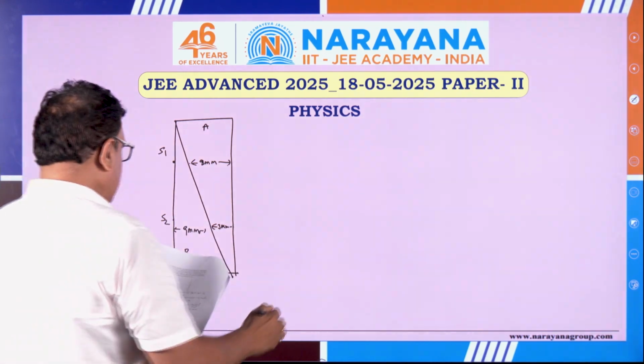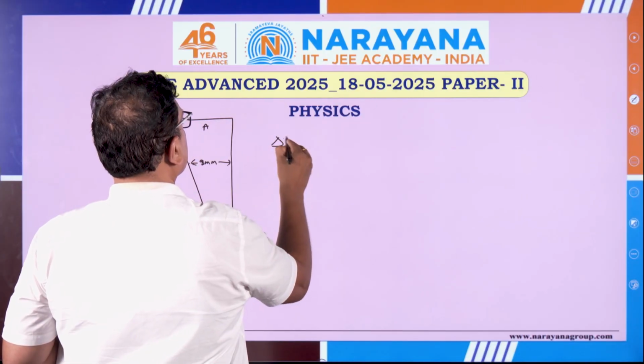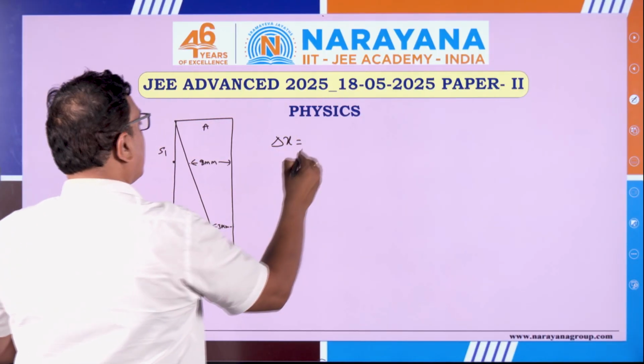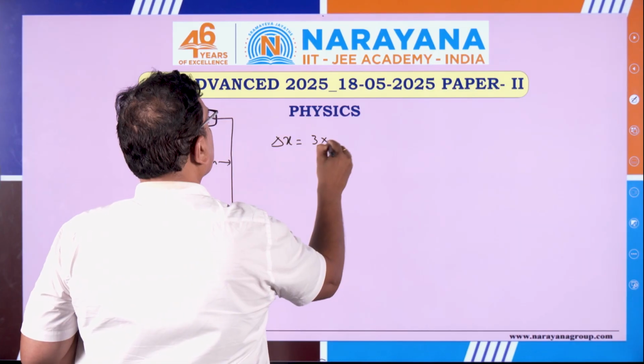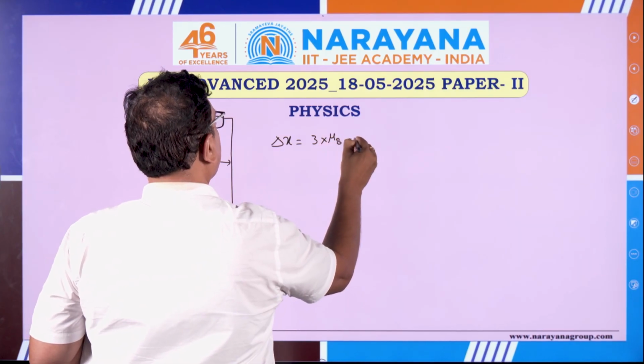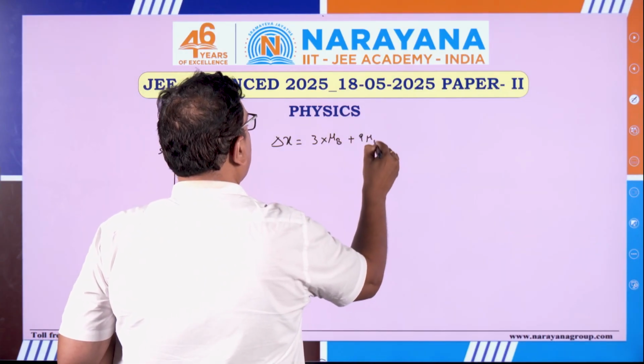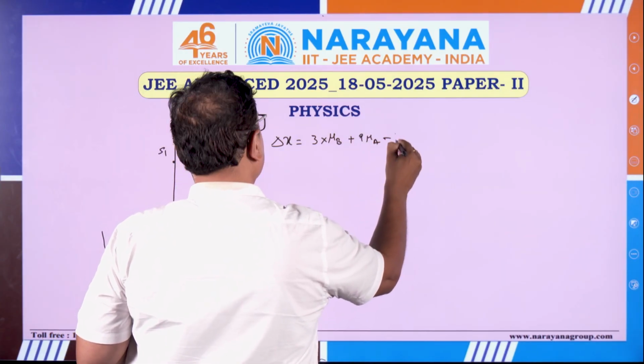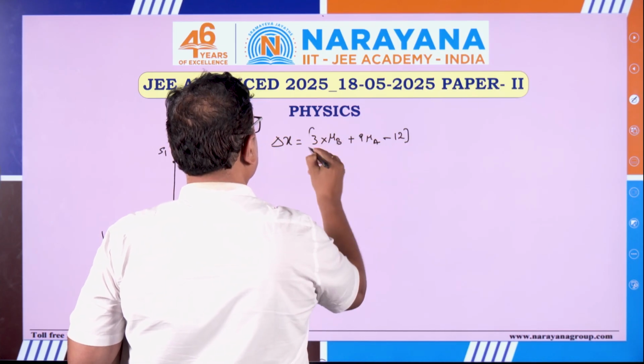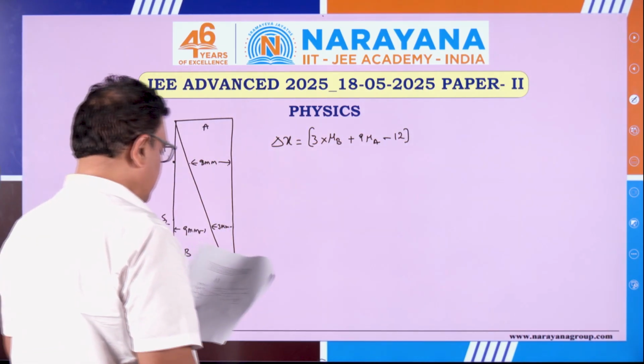Now I am calculating path difference. Remember, 3 times mu B plus 9 times mu A minus 12 is the effective path difference produced here.